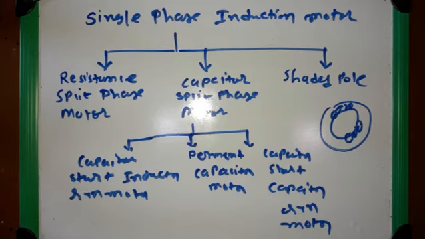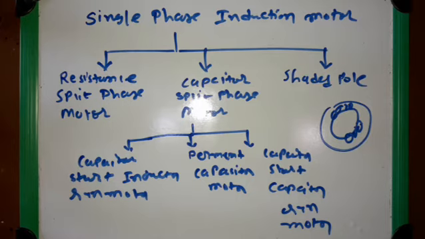At the time of starting, the centrifugal switch is closed. The winding receives supply current, with current Im taken by the main winding and current Is taken by the starting winding.